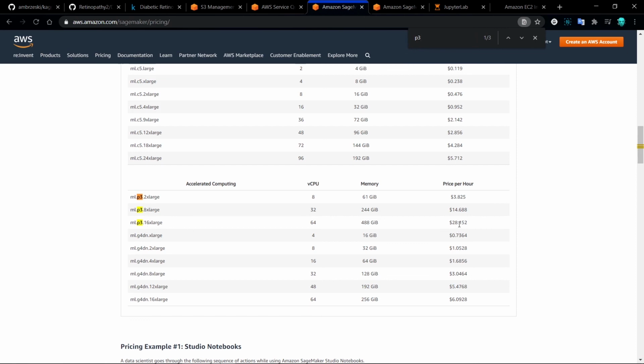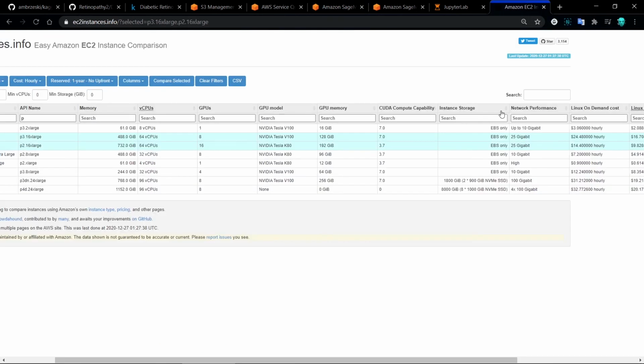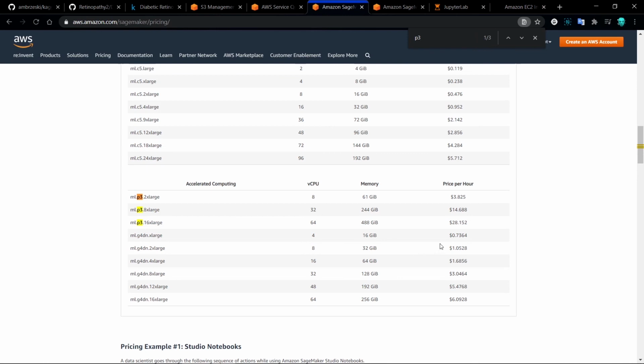See, it's $28 an hour. There it is saying $24 an hour, but it's not; it gets updated directly from the AWS sources. That is a GitHub project saying $24.4, but AWS says it will cost $28 an hour. I have to think of something.